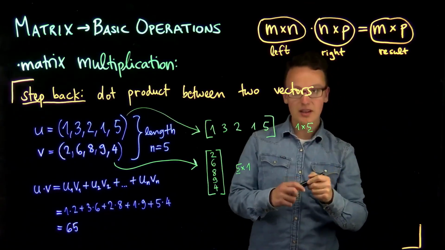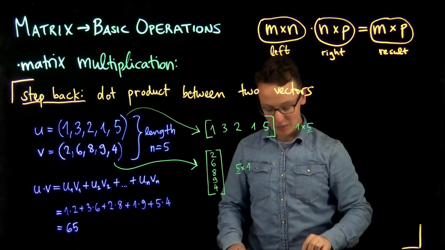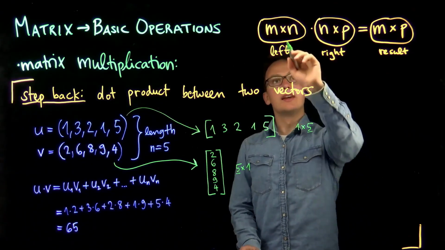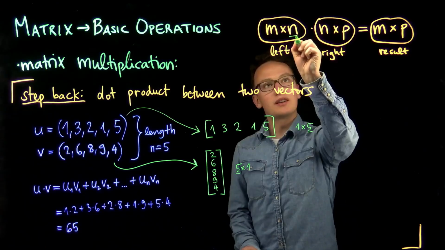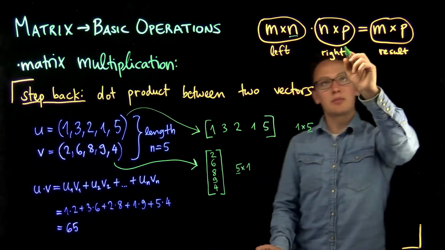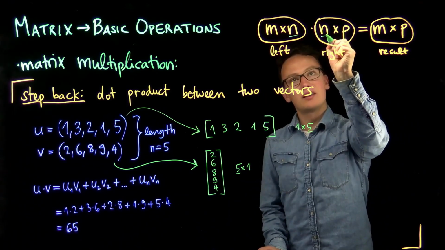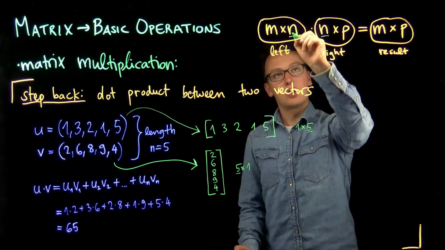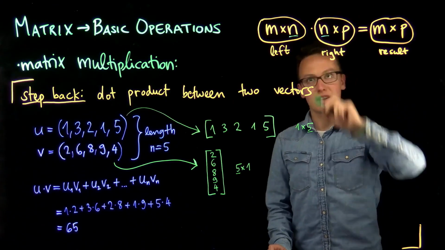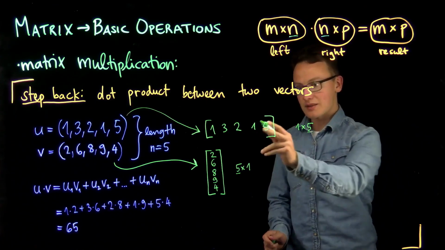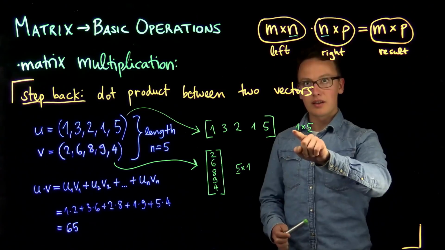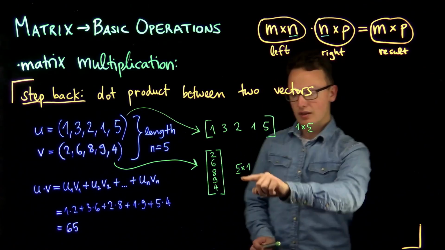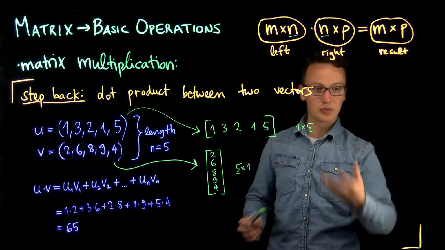So in other words, the only thing that has to be matched between the two matrices that are multiplied is the number of columns of the first one, which has to be the same as the number of rows of the second one, okay? So on the left side, I need to have the same number of columns as I have number of rows on the right side, which is satisfied here, because here we would have m times n, where n is 5, and n times p, where n is 5 again, so that will work.